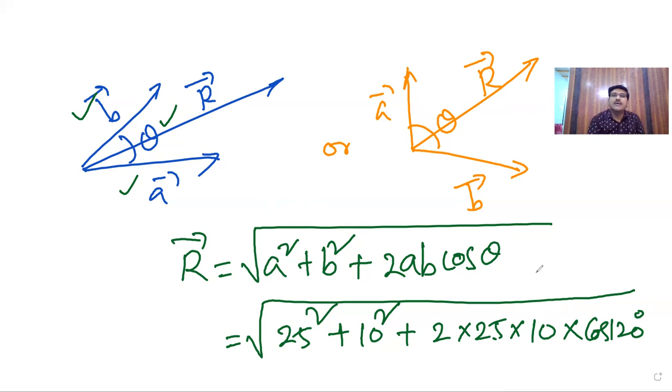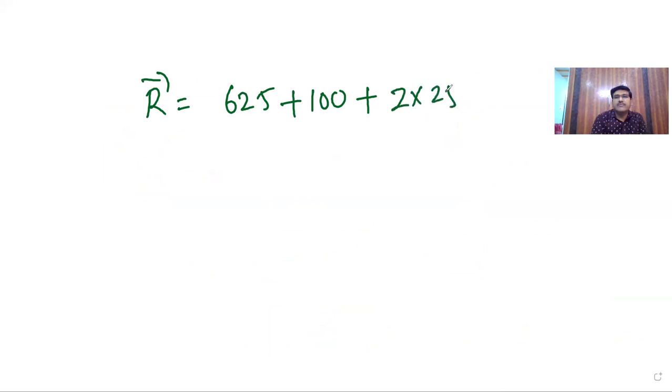So on simplification, R is the square root of 625 plus 100 plus 2 into 25 into 10 into minus half.